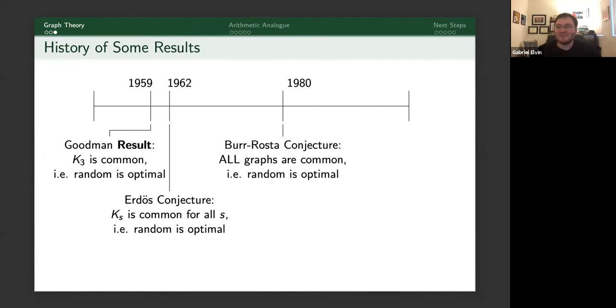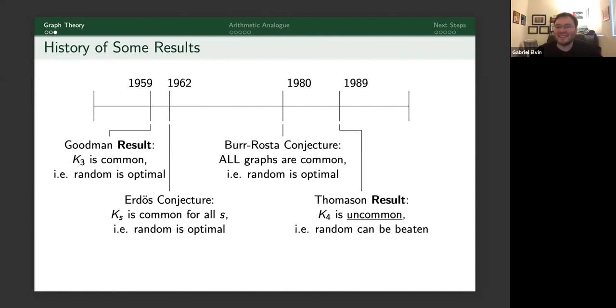That would be a pretty incredible definition for a classification, but maybe not as interesting if every graph is in the same class. And then in 1989, nearly a decade after that, Thomason proved that K4 was uncommon. So random can be beaten, and they found a sequence of colorings that beat random.